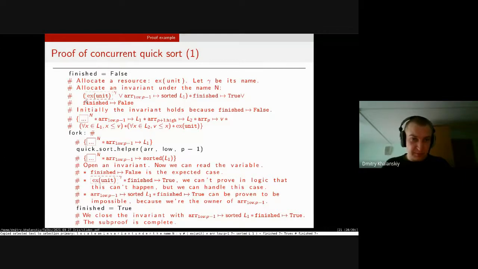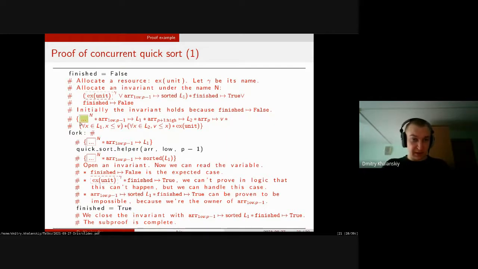One possibility is that the system owns the exclusive resource that I just allocated. Another possibility is that the system owns the knowledge that the array part passed into the concurrent recursive call contains the sorted list L1.